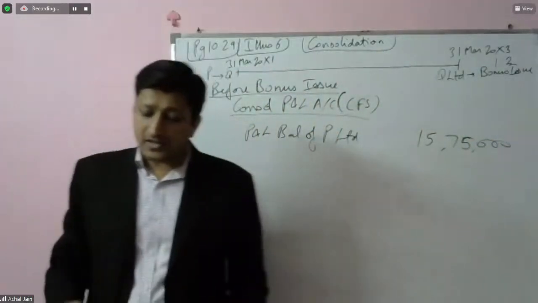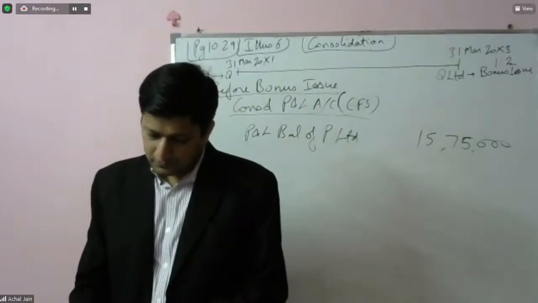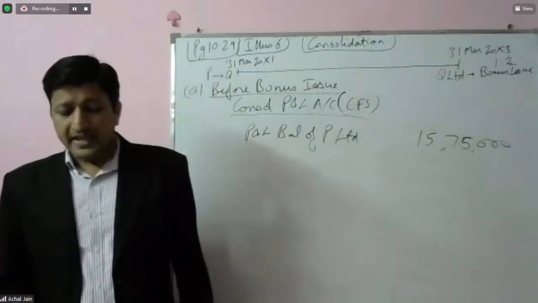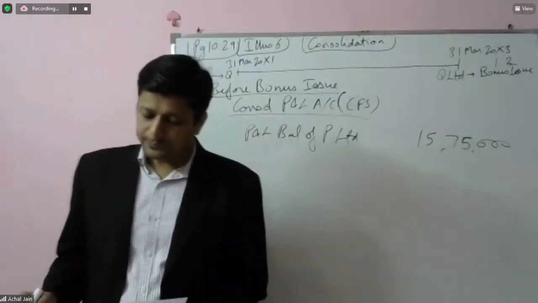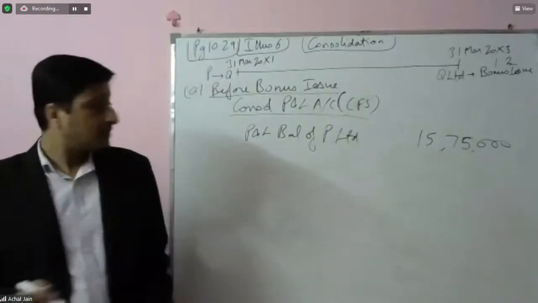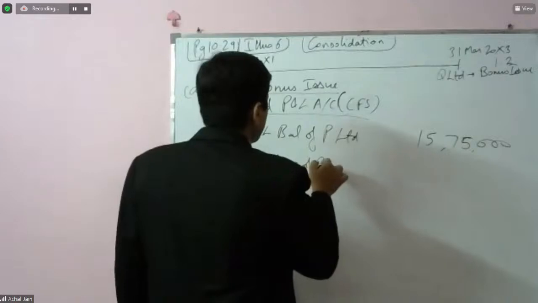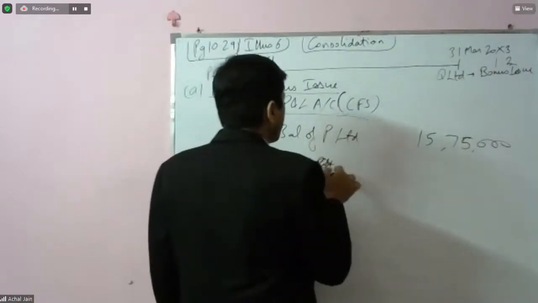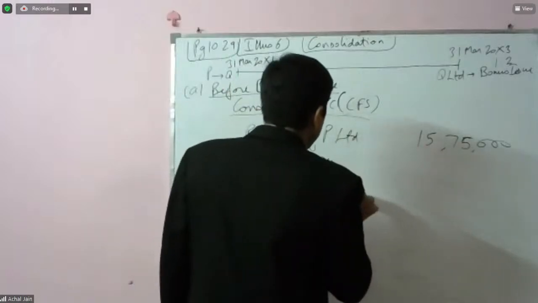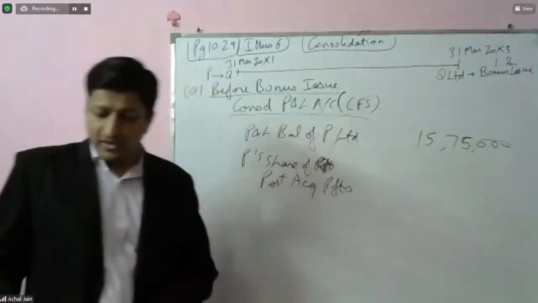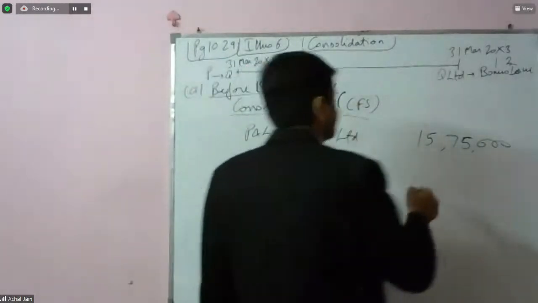This is the balance of P. Then what do we add? We will add the share of profits of Q, majority share. Add P share of post-acquisition profits. This we have computed already: 15,85,500.